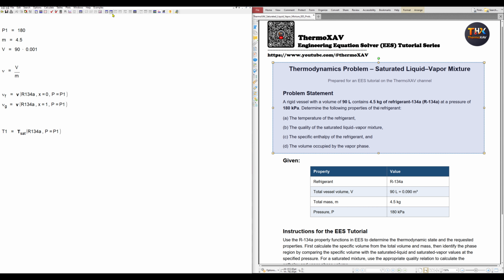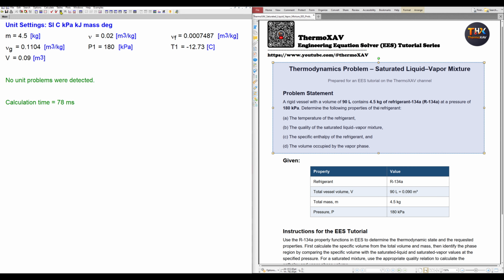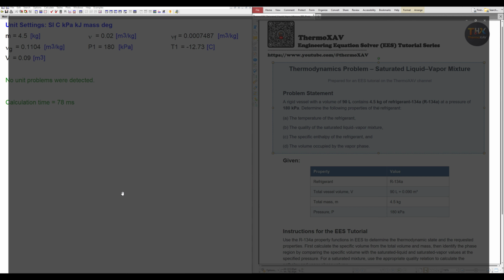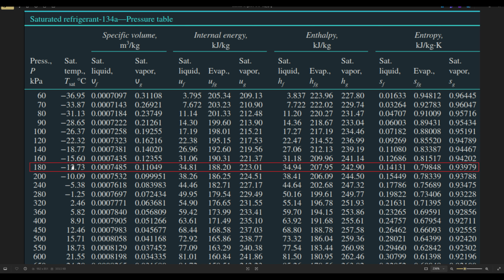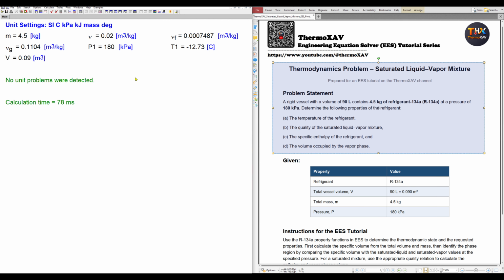Then I will go to the formatted equation, saturated temperature for this refrigerant at this pressure, and solve. The temperature here is minus 12.73 Celsius. If I go again to this table, I'm just verifying the EES software data with this reference table. You see the saturated temperature for this pressure is minus 12.73, which is equal to this value.